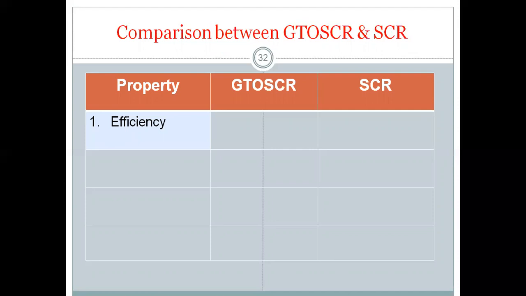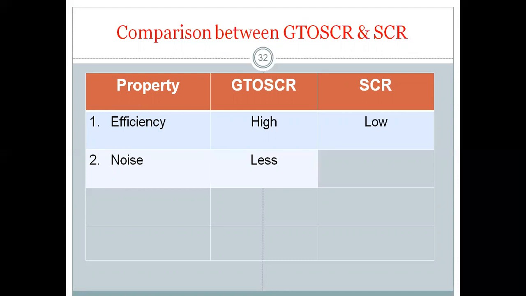Efficiency: GTO SCR is high, regular SCR is low. Noise: GTO SCR has less noise, SCR has high noise.